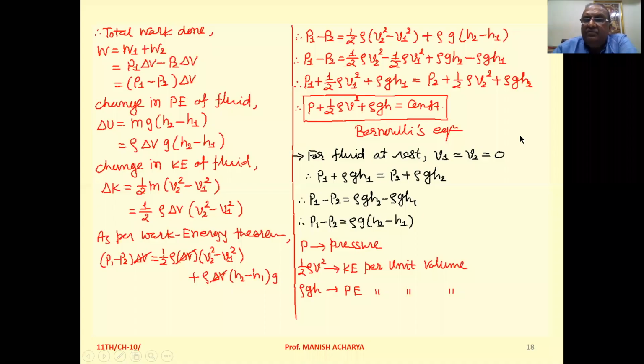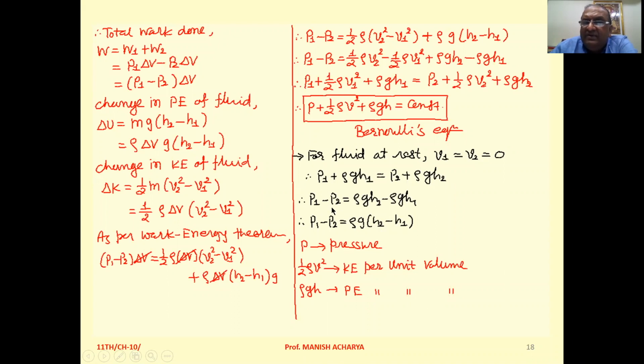Now see, if the fluid is at rest, it implies that the velocity is zero. So in this equation, we can take V1 equal to V2 equal to 0. So simply we can write P1 plus rho g H1 equals P2 plus rho g H2.